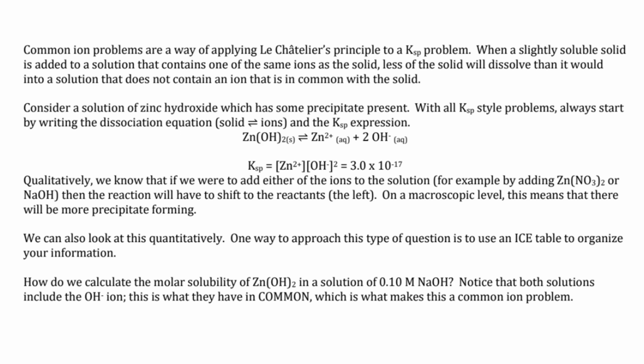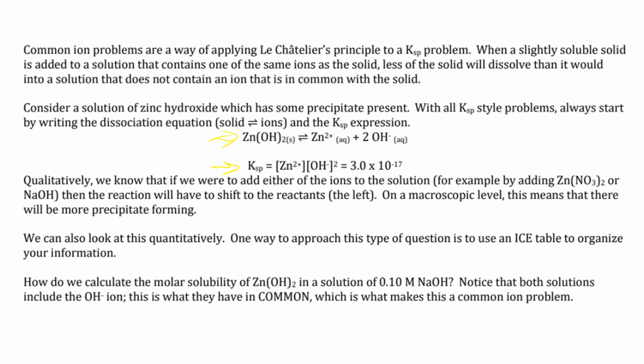So these types of things should be fairly easy to do. Let's say the KSP for this is 3.0 times 10 to the negative 17. So you have zinc hydroxide, and it is dissociating into zinc 2 plus and 2 hydroxide ions when it's in solution.